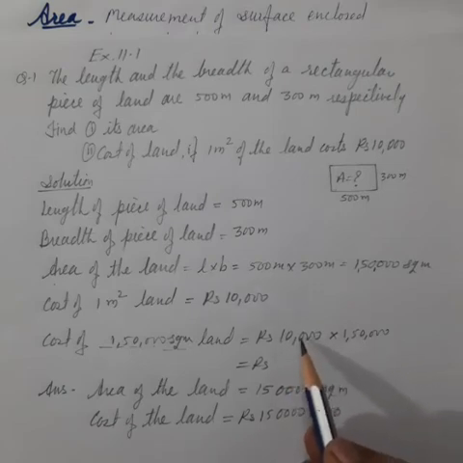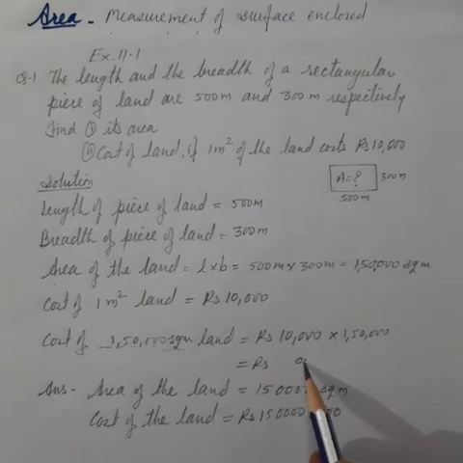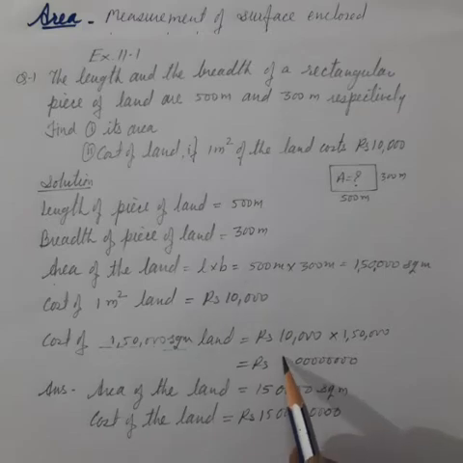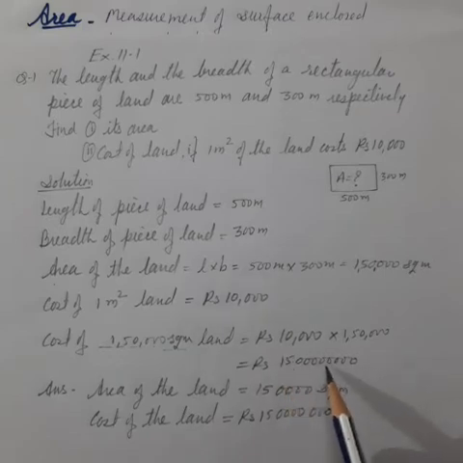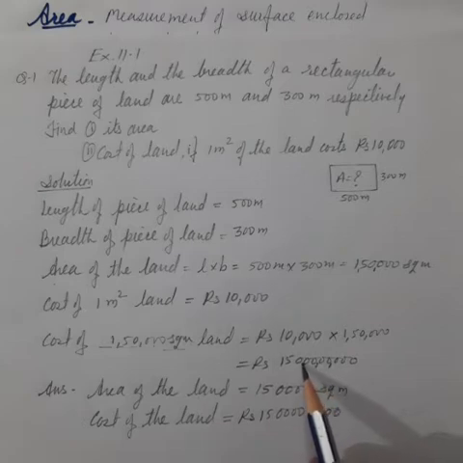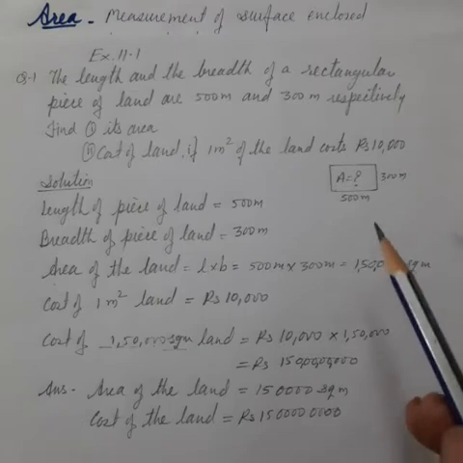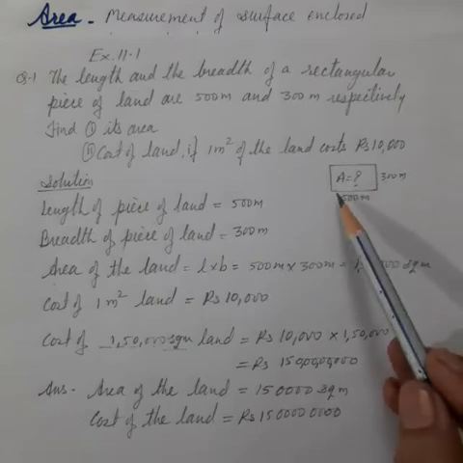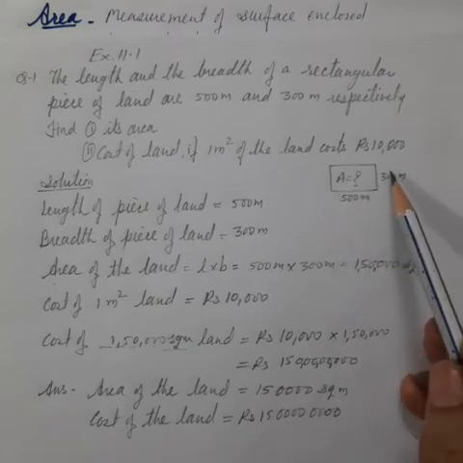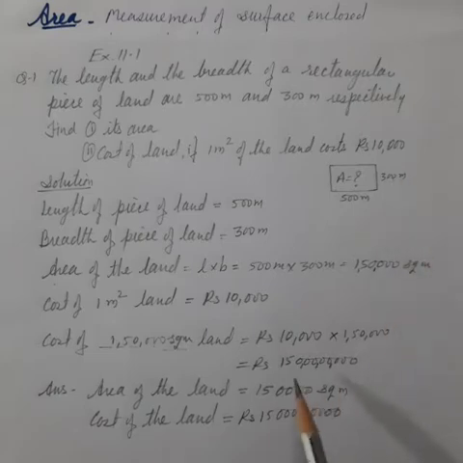Now 8 zeros, and 15 ones are 15. So how much rupees? 1,000 lakh, that is 150 crore. So the cost of this land with 500 meter length and 300 meter width is 150 crore.